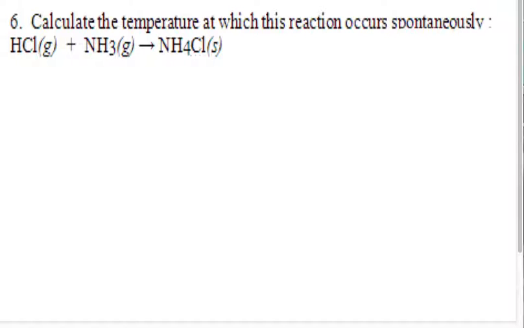So at that exact point, when we're either going to go positive or negative, what is the value of delta G? Think about a number line. If we have a 0, this is the cusp between spontaneity or thermodynamic favorability and not. So to find the temperature at that point, what do you think we're going to do?